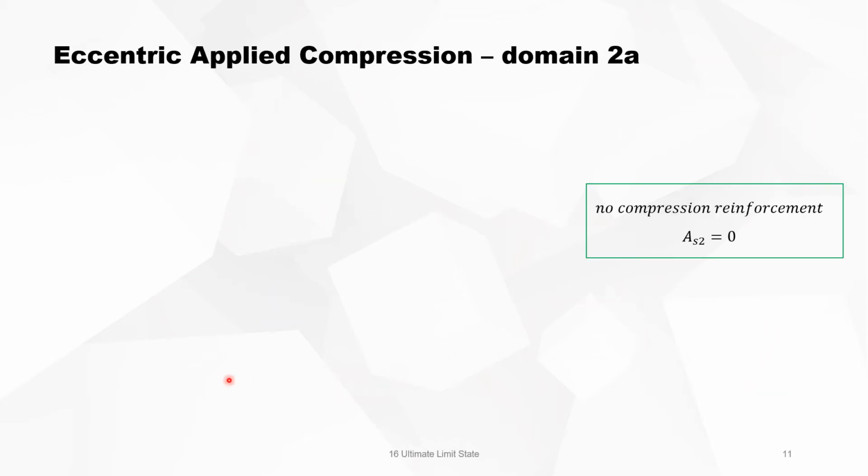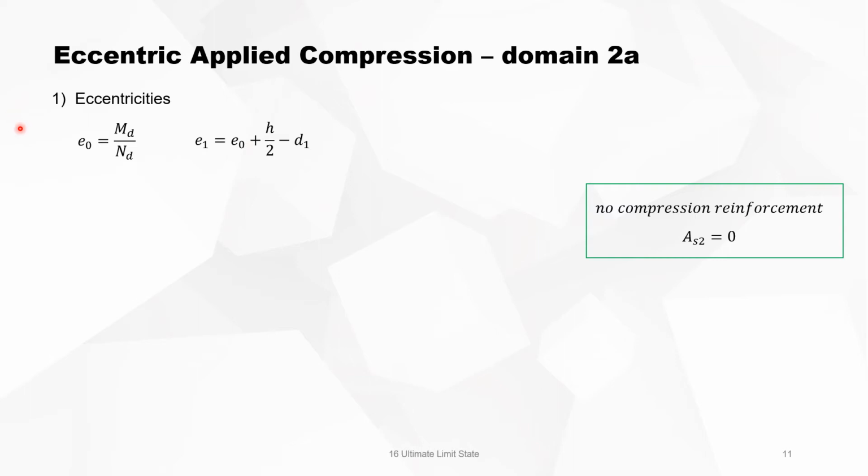Now suppose that there is no compression reinforcement, and what we are going to do now is to explain the protocol that you need to calculate reinforcement in eccentrically applied compression. This is just the calculation by hand.